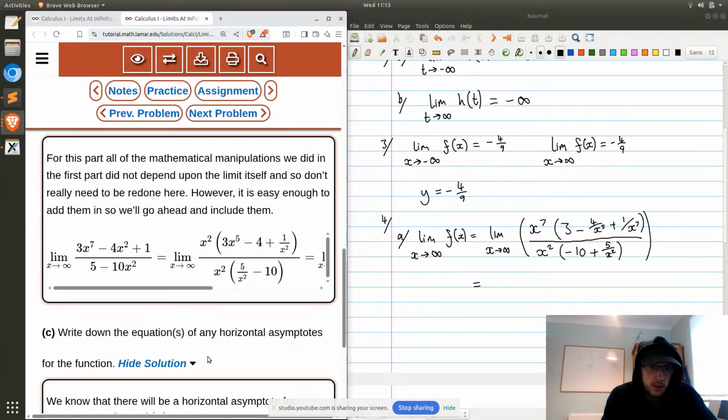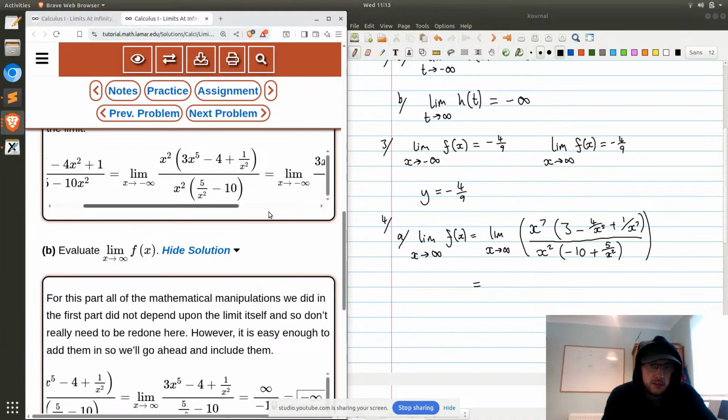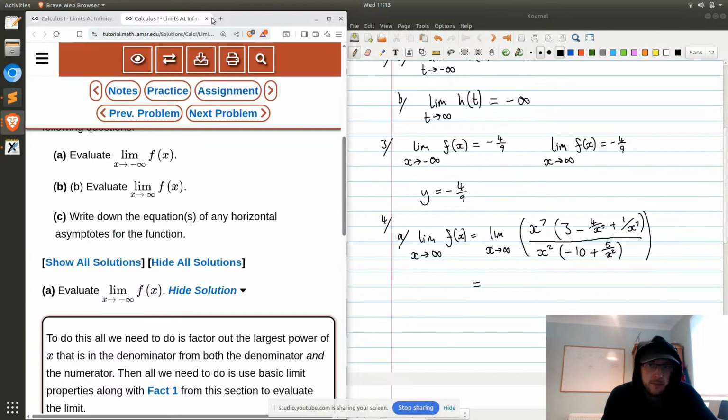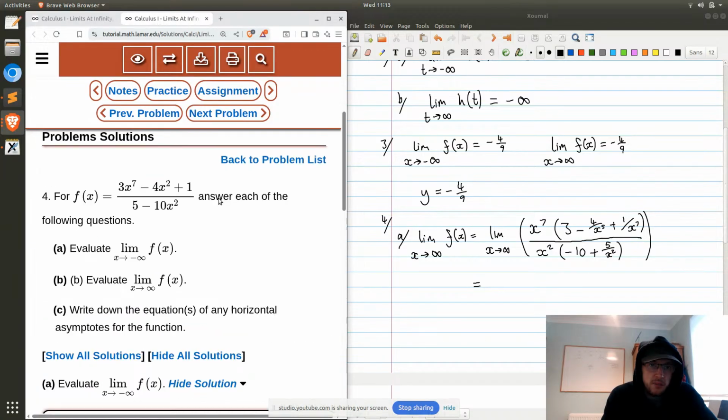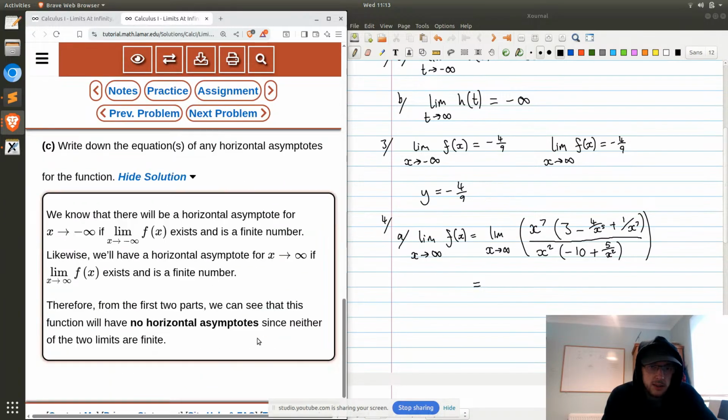Okay, so we go down here and we check. Yeah, exactly as I thought. And because both of these limits are infinite, it won't have a horizontal asymptote, right? Or will it?